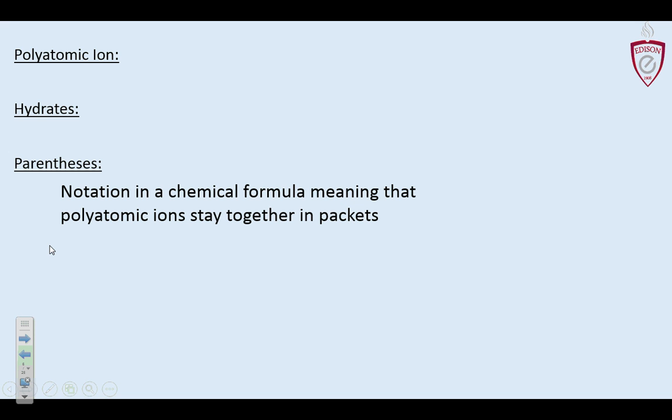It's packets. Mathematically it helps because it's what we already know. Distributive properties are going to work the same way. You're going to distribute subscripts into the parentheses for a polyatomic ion, just like you would in math class. It's going to look a little different because it's chemistry, but in theory, it's the same idea.